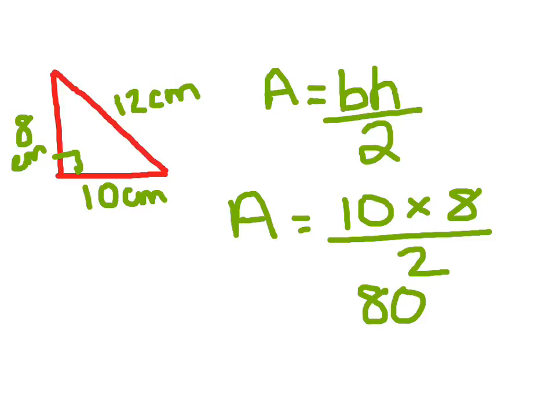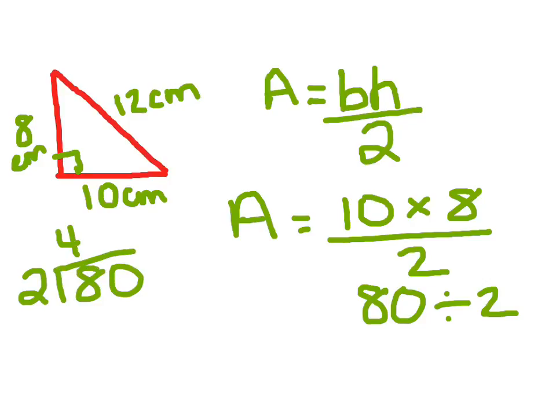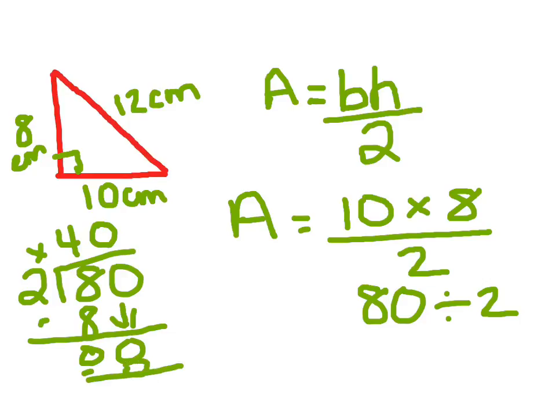And then if I divide it by 2, and I divide 2 into 80, 2 goes in 8. 4 times 2 is 8. Subtract, you get 0. You bring down your 0. 2 goes into 0, of course, 0 times. And that's 0. So your answer is going to be 40.